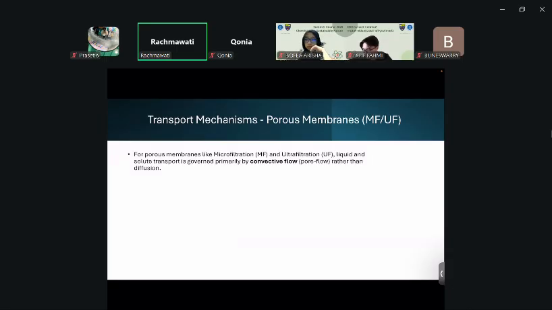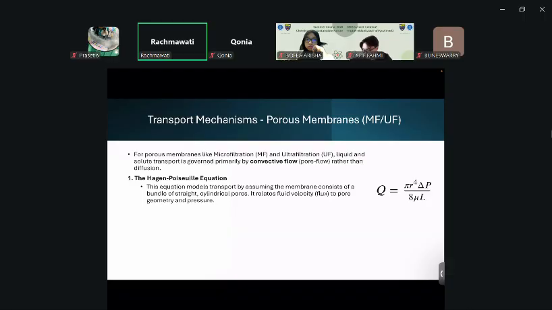So we do know that the membrane has pores, and they might have different pore sizes, which, for example, are suitable for microfiltration, or probably even smaller, suitable for ultrafiltration. And then the liquid and the solute will be transported, right? And this is governed primarily by convective flow, yeah, rather than diffusion.